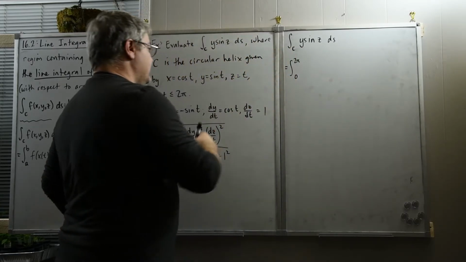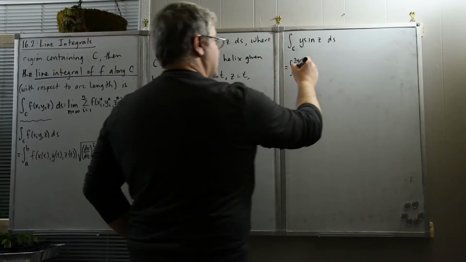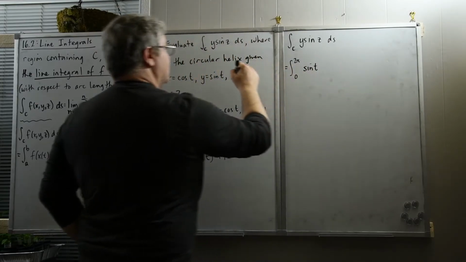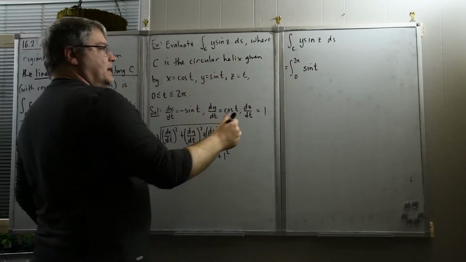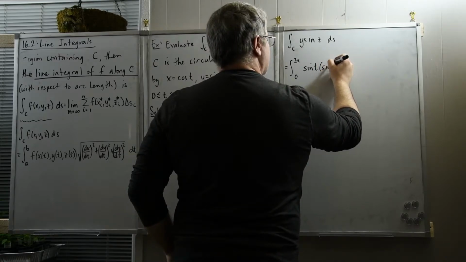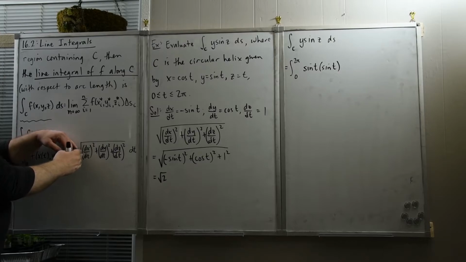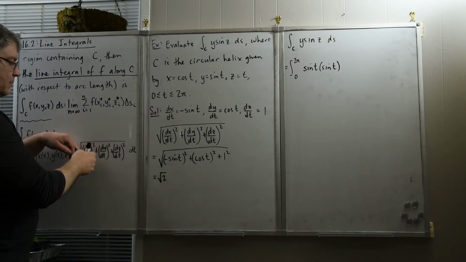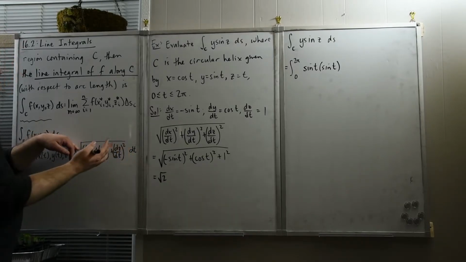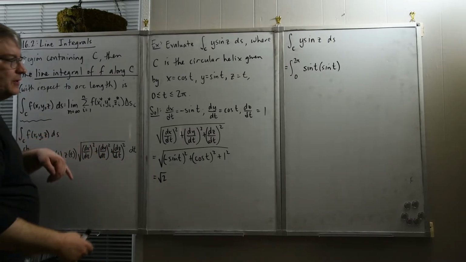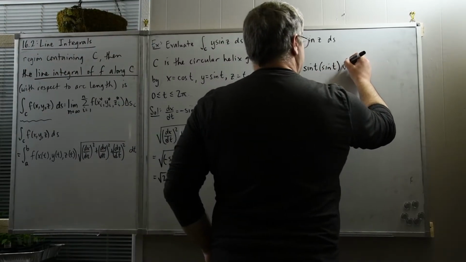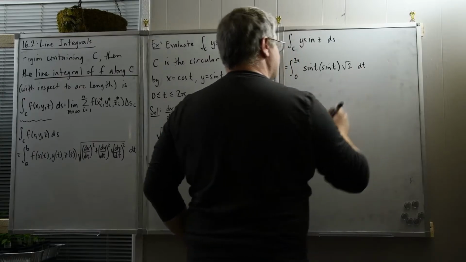And then we'll have y, which is sine t, times sine z, which is actually sine t, times, and then the ds is going to be this square root of the sum of the squares of the derivatives of x, y, and z with respect to t, and dt. Well, that square root is square root of 2 here. So we'll have square root of 2 and dt finishing this out.